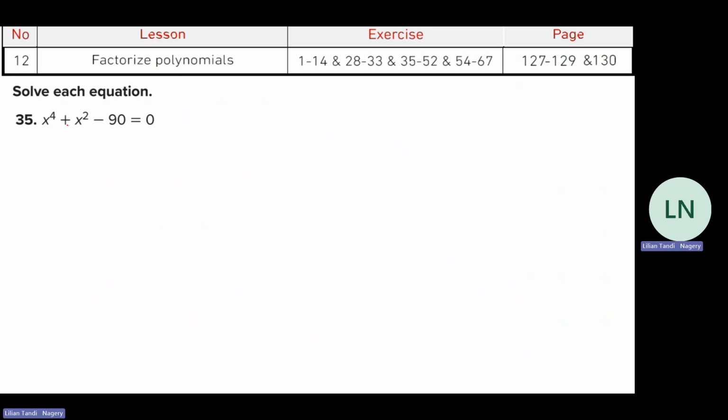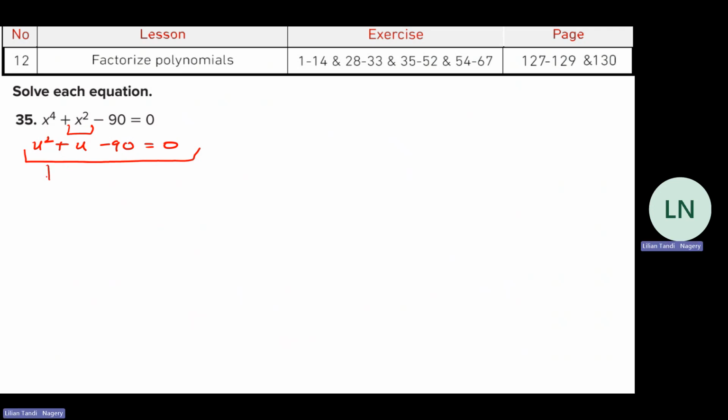Okay, so I'm going to make this my u. So this will be my u squared plus u minus 90 equals 0. Quadratic formula. Put this in the table or quadratic formula or calculator.